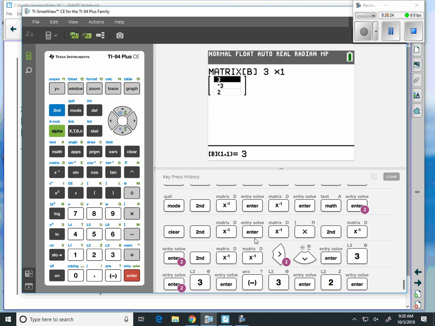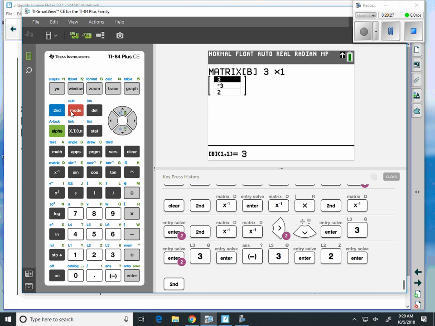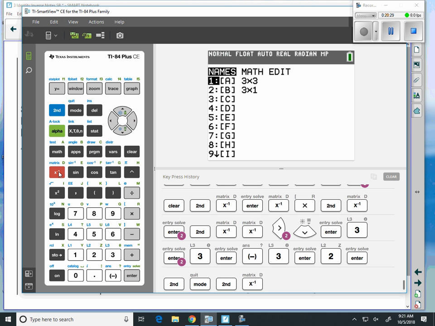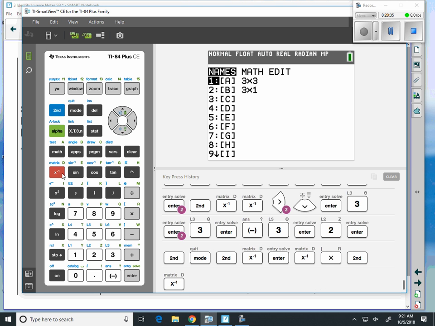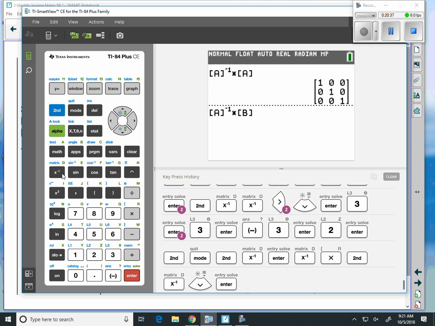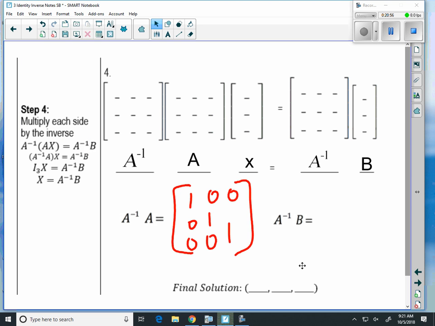Okay, and we're doing A inverse times B. When you put that in, you should get a result: 1, 2, negative 2. Any questions on that? Any issues? Okay, so if we go back to our notes, our A inverse times B was 1, 2, negative 2.